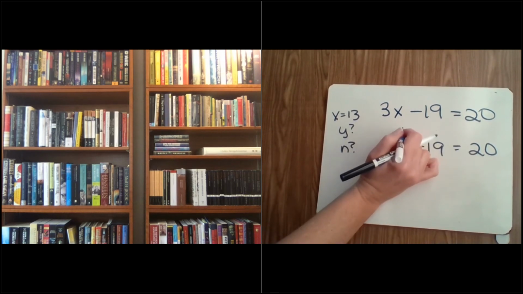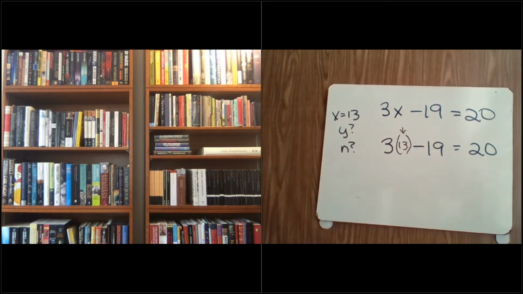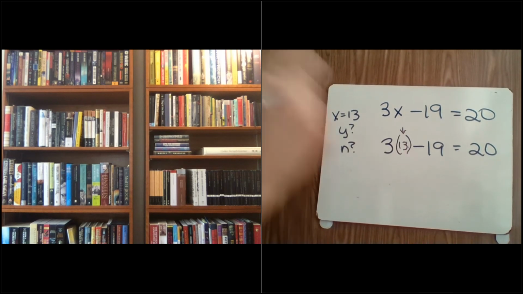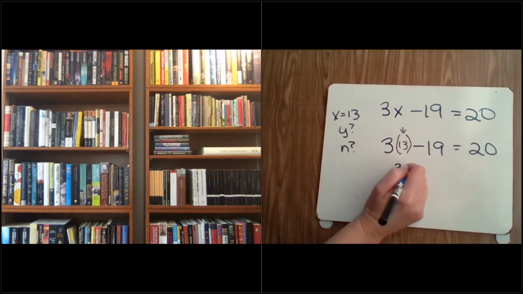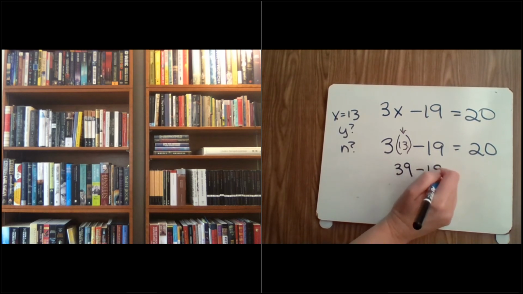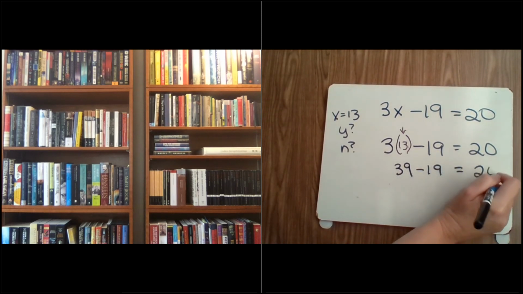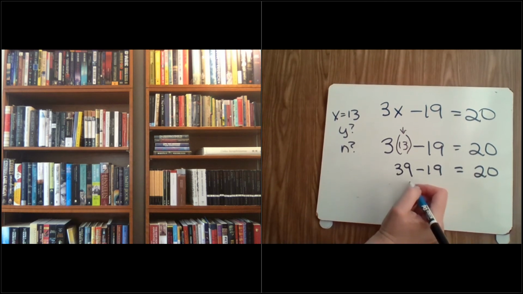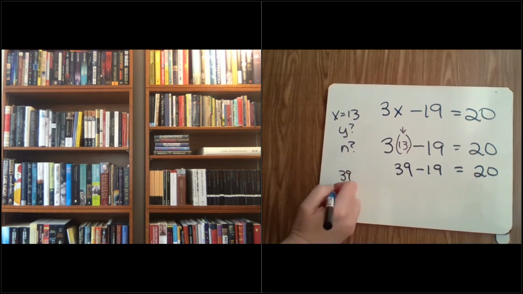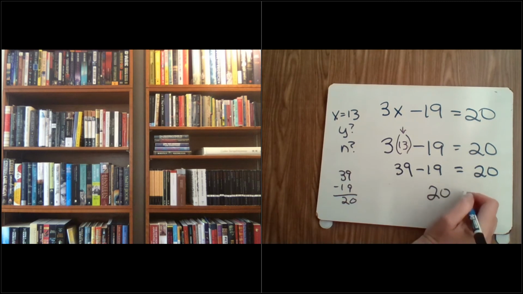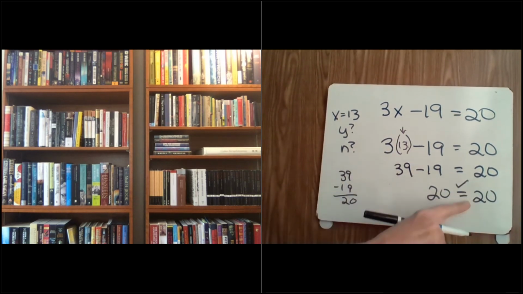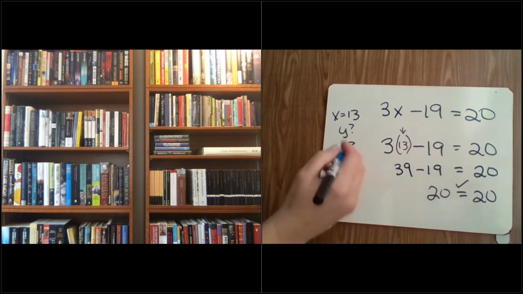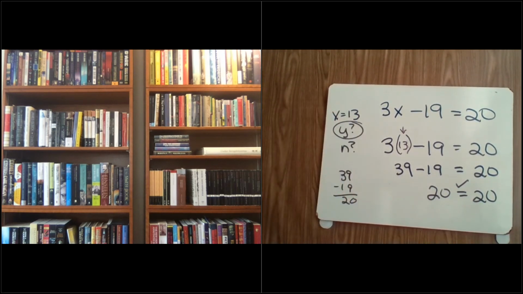So I'm going to put 13 exactly in that spot where the x was. 3 times 13 equals 39 minus 19 equals 20. 39 minus 19: 9 minus 9 is 0, 3 minus 1 is 2. Oh, that's 20 equals 20. You know what? That one works out. So I'd like to put a little check mark to show 20 does equal 20. That answer is yes.